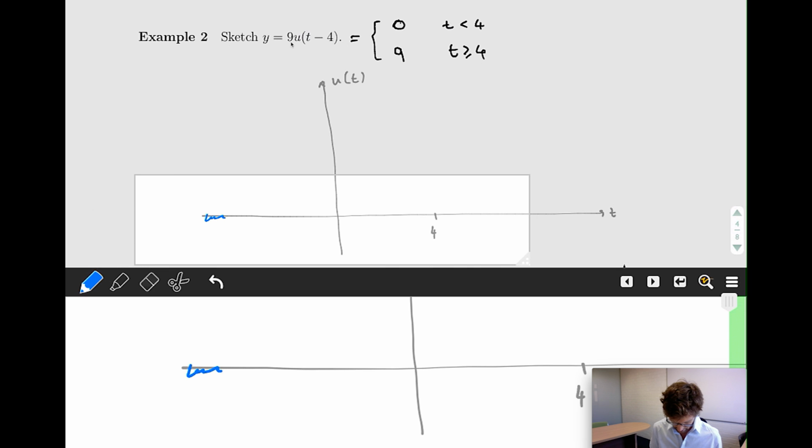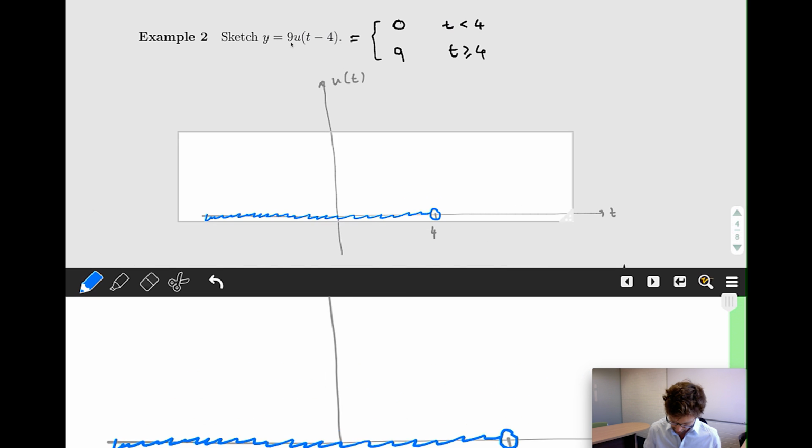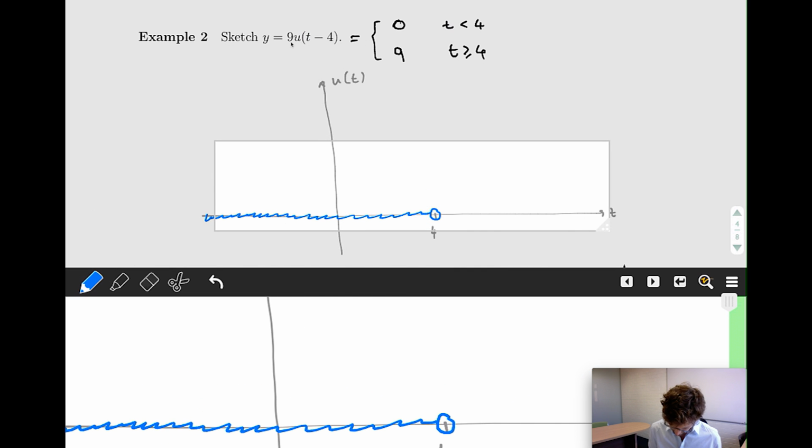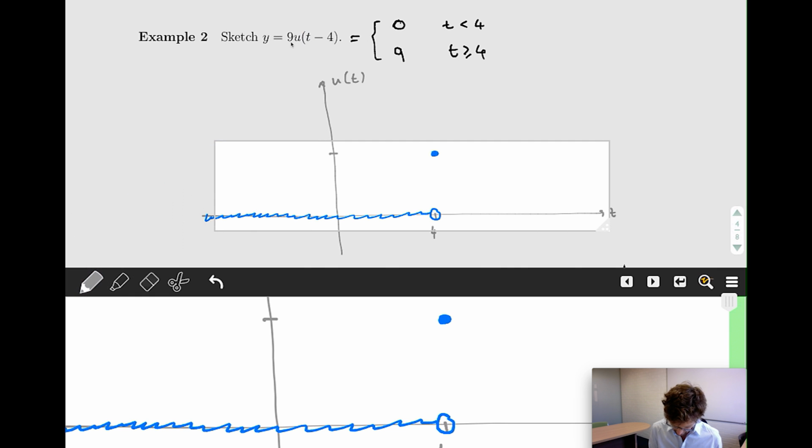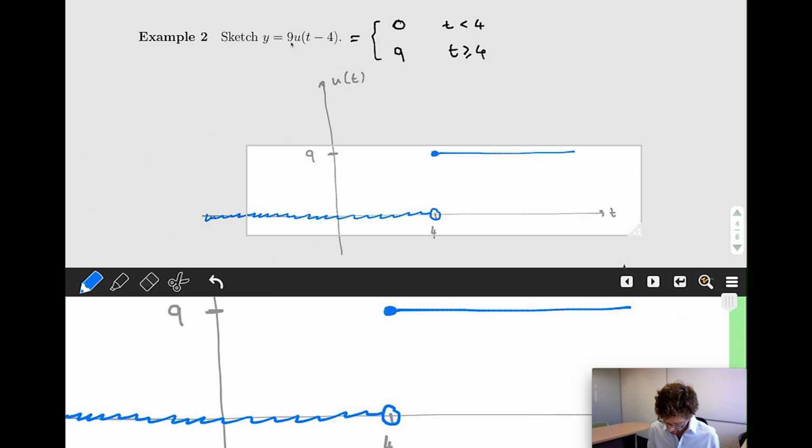Let's break out our scribbly line again. 0, 0, 0, 0, 0, 0, 0. Don't include that point, and then it's going to jump up to the value 9. So we'll indicate that on our y-axis. And it has the value 9 for the rest of eternity, all the way to infinity.